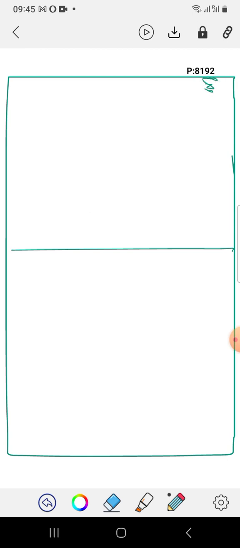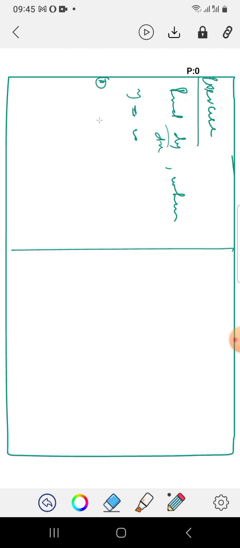Find dy/dx when y equals, when y is 1, cosec x.